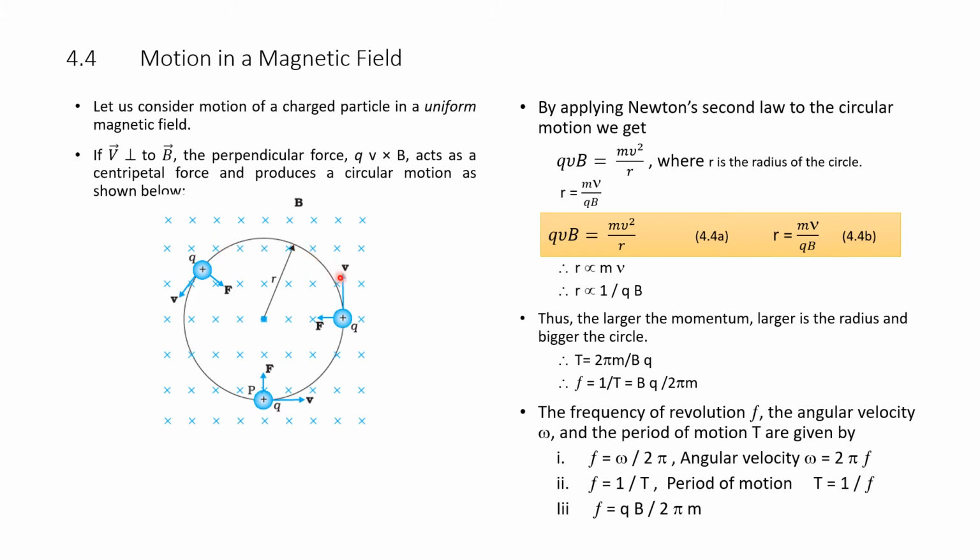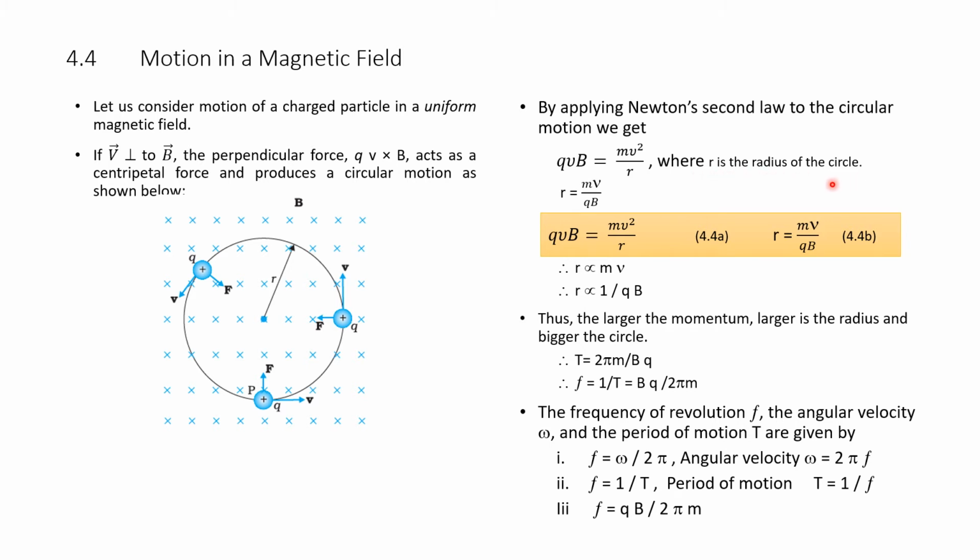The force qvB acts as a centripetal force, which we have studied in mechanics, and produces a circular motion as shown below. By applying Newton's second law to the circular motion, we get qvB equals mv square by r, where r is the radius of the circle.